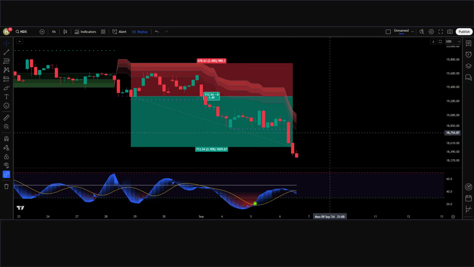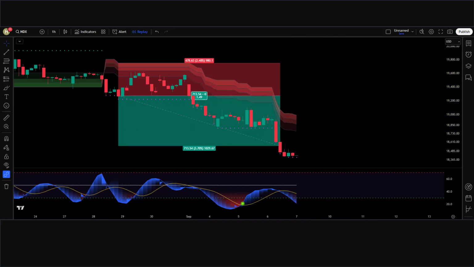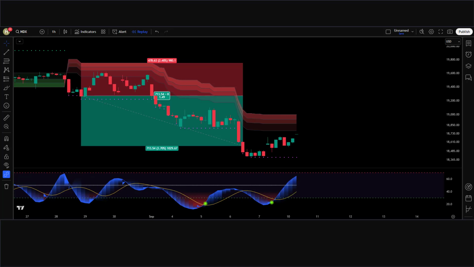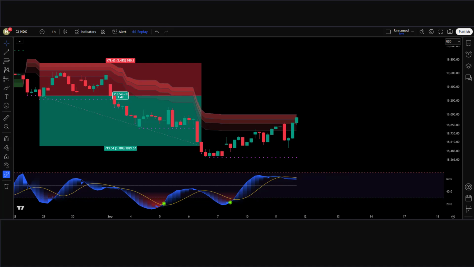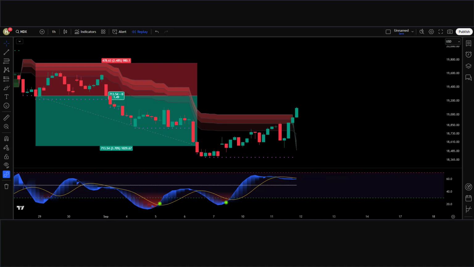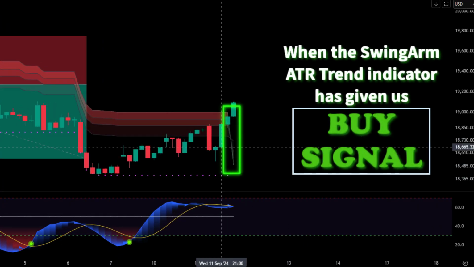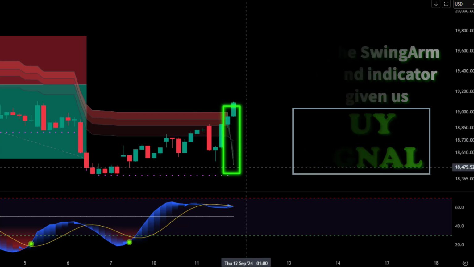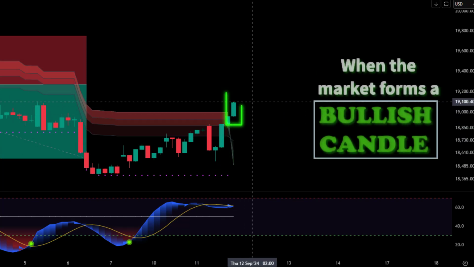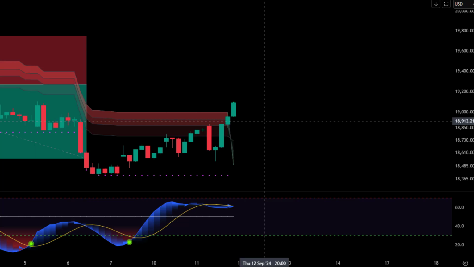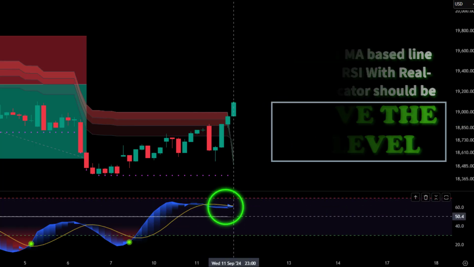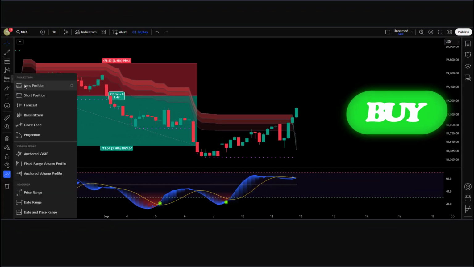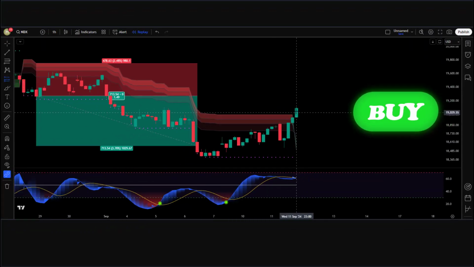Now let us understand long position. When the SwingArm ATR Trend Indicator has given us buy signals, when the market has formed a bullish candle, when the MA-based line Adaptive RSI with real-time indicator should be above the 50 level. If this condition is fulfilled, then we will place buy order.